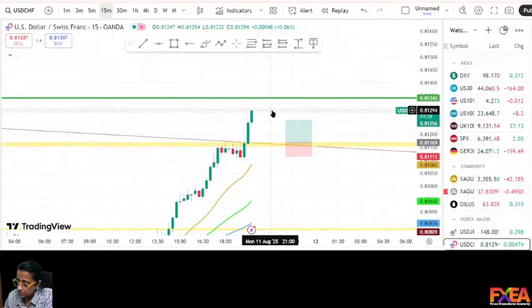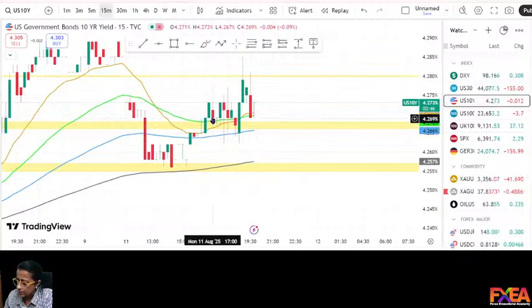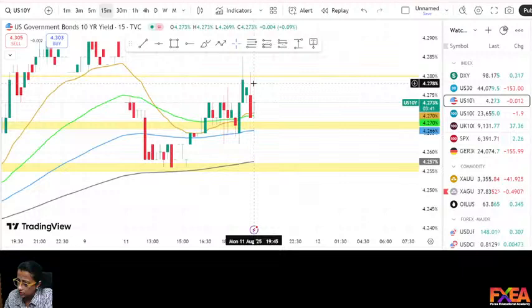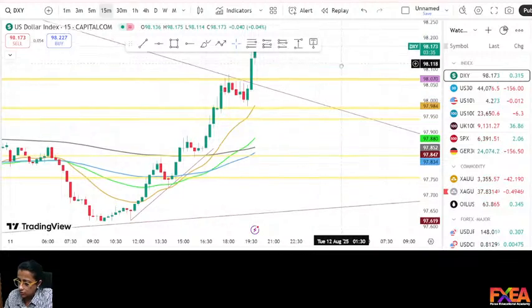The market has reached here in USD CHF. Ashwati, you can just open US 10. I have opened US 10 here. It's showing some bullishness here, but then some random pullbacks. So yeah, it supports DXY.